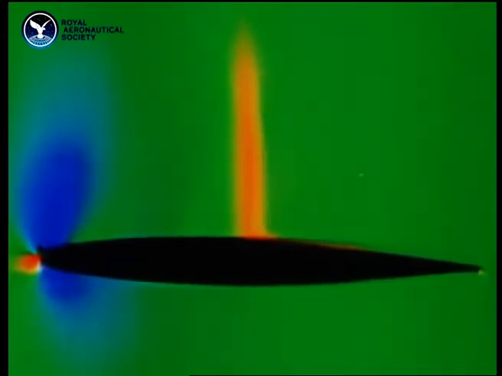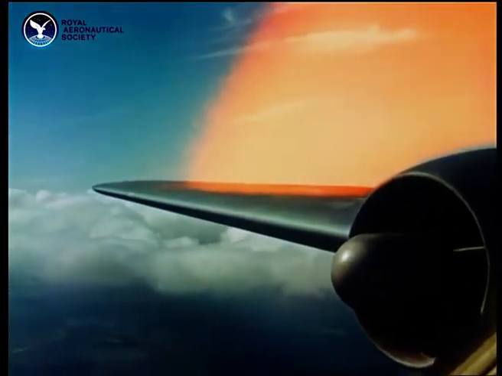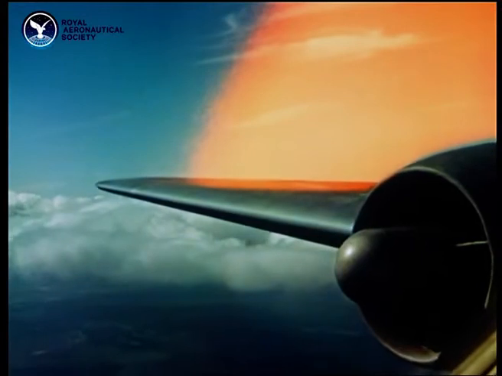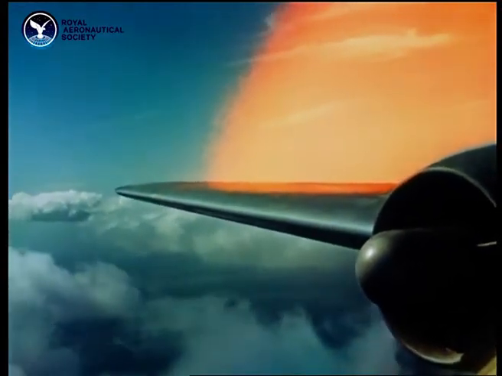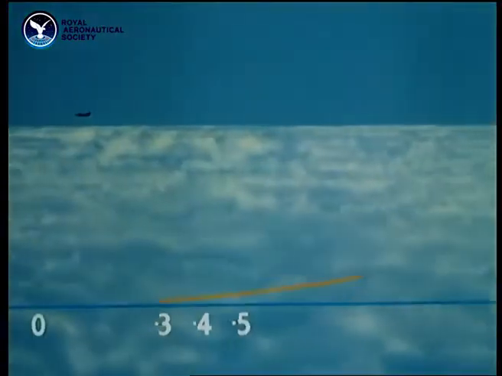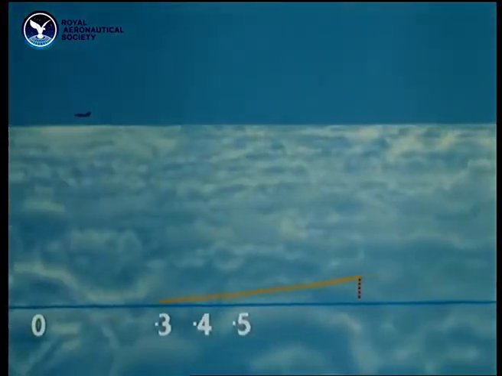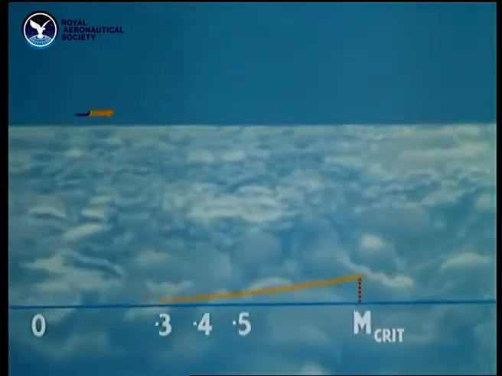For the energy dissipated as heat by the shock wave must be continuously supplied by the engines. This causes a new kind of drag, wave drag. As the shocks move back and grow stronger, so the wave drag grows. So once an aircraft has passed its M-crit, its drag rises much more steeply than before.